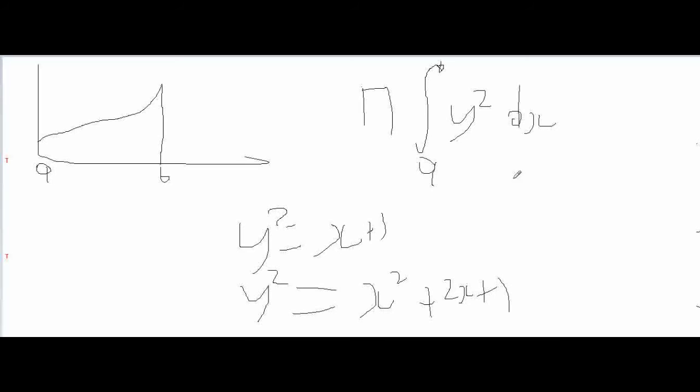And so we can now replace y squared with this, and so we'll get the volume generated if we rotate it about the x-axis. Now, just as we can rotate about the x-axis, we can also rotate about the y-axis.